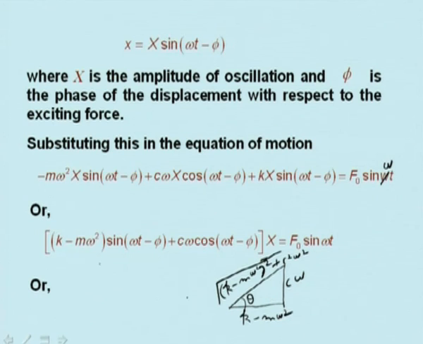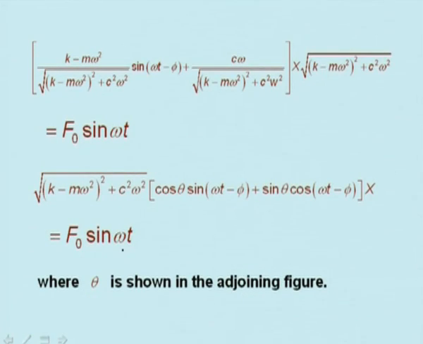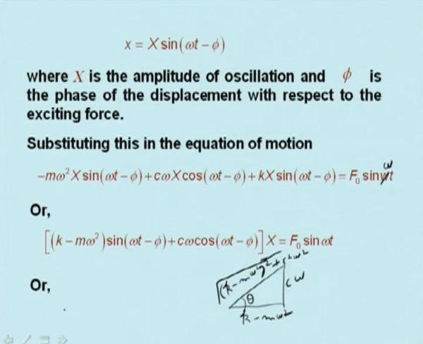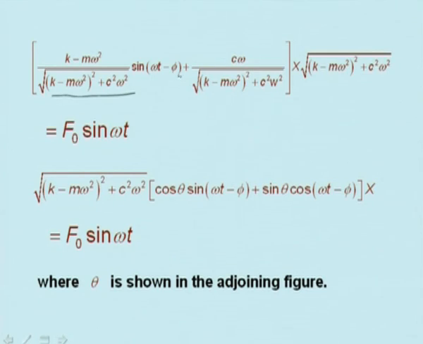So then we can get a sin theta type of term. Let us divide this whole thing by the square root of the sum of the squares of these two terms, k minus m omega square and c omega, and then we have sin omega t minus phi.